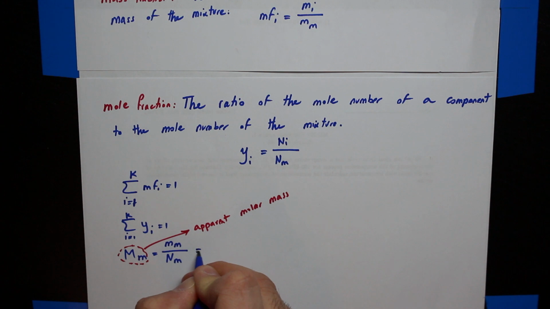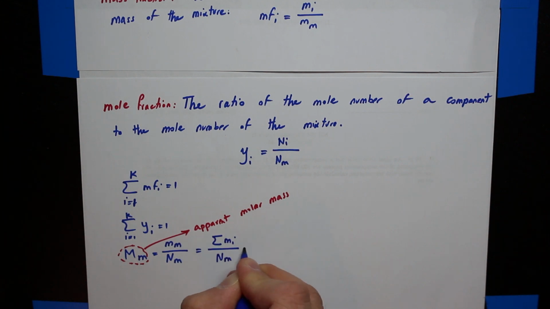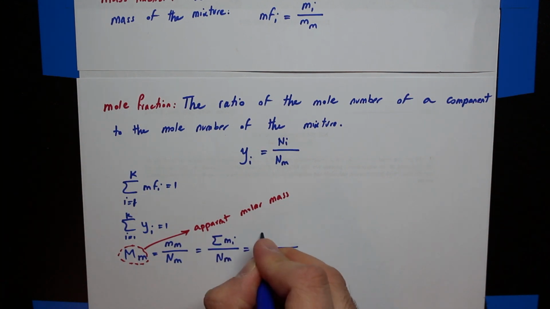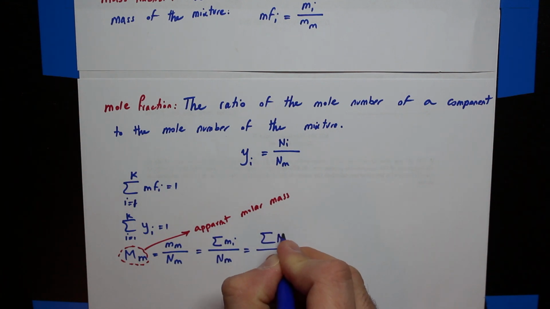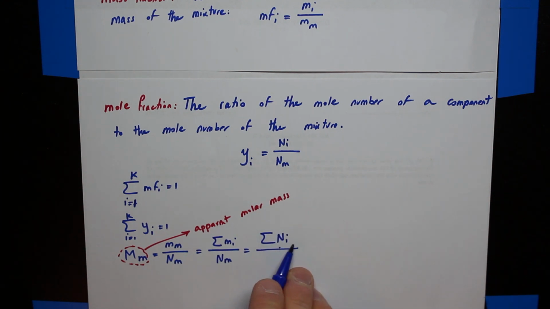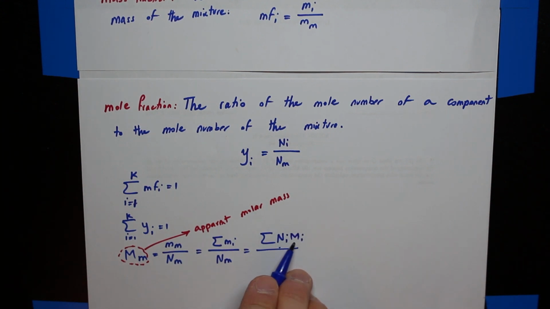So instead of the mass, I can say sigma m_i, and instead of the moles I can just write it as N_m for now. But one thing I can do is expand this: I can write it as the number of moles in each component multiplied by the molar mass of each component. Both of them are just for one component, but i starts from 1 to k obviously.